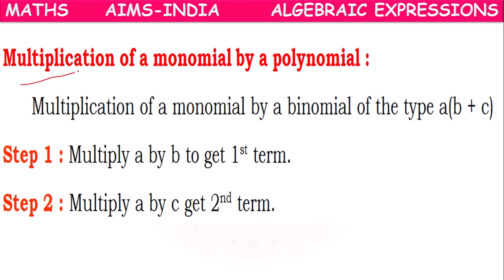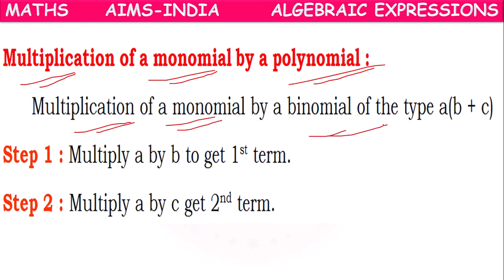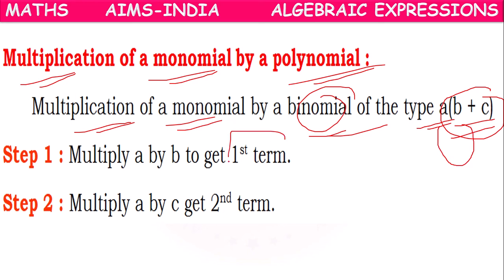Next, multiplication of a monomial by a polynomial. Suppose multiplication of a monomial by a polynomial or a binomial in the form a into b plus c. To do the multiplication, first we multiply a by b to get the first term, and next we multiply a by c to get the second term.